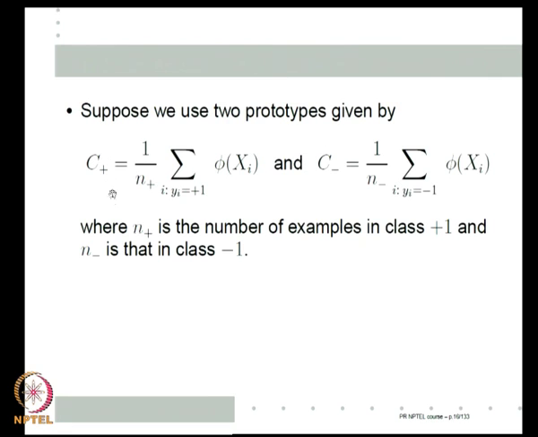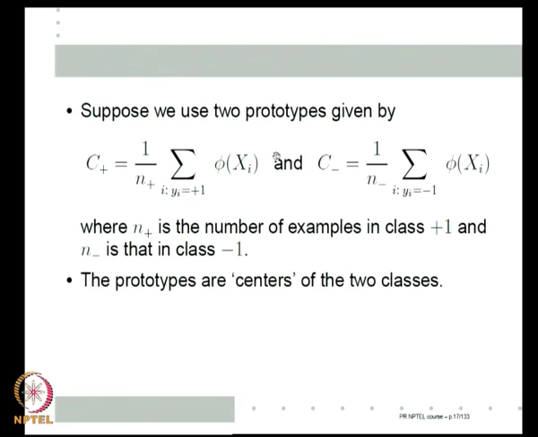So, this is nothing but the average of all the patterns of class 1, not in the original space, but in the range space of phi, because I have mapped the original feature vectors using phi to some other space. In that space, C plus is the center of all the class +1 examples. Similarly, C minus is the center of all the class -1 examples. So, these are the 2 centers of the 2 classes, and we use them as the prototypes.